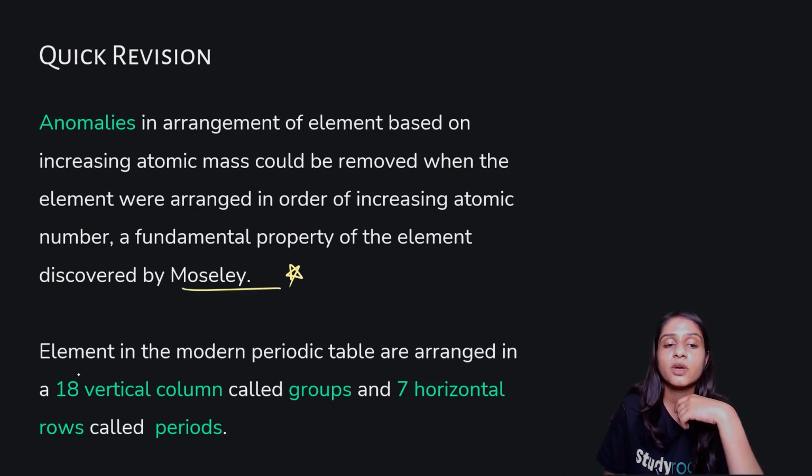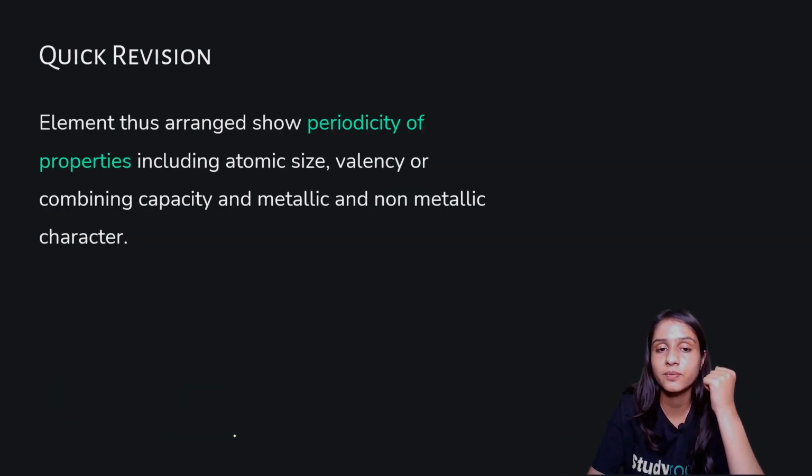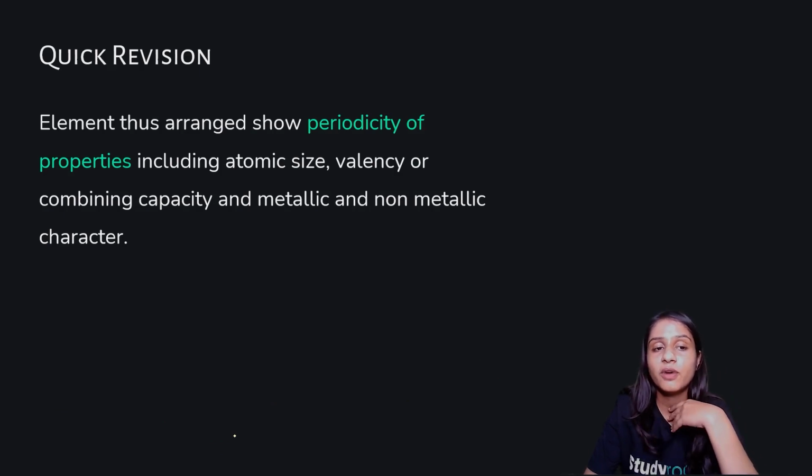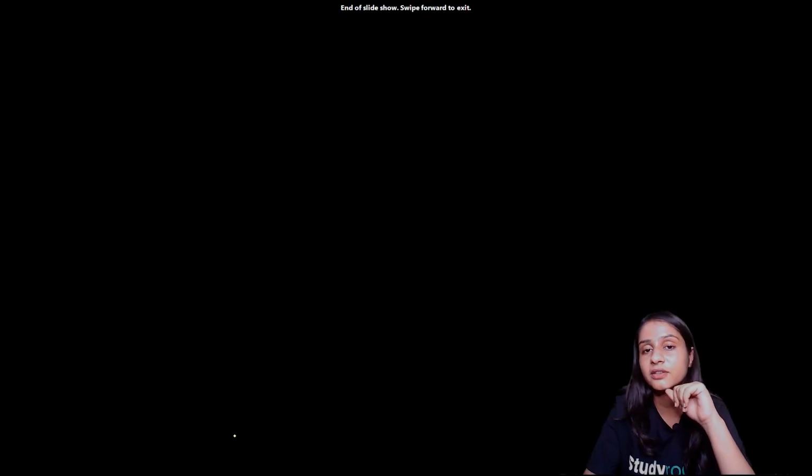Okay. Every element in the modern periodic table is arranged in 18 vertical columns called groups and 7 horizontal rows called periods. Elements thus arranged show periodicity of properties including atomic size, valency or combining capacity, and metallic and non-metallic character. Okay, so this is it. Thank you.